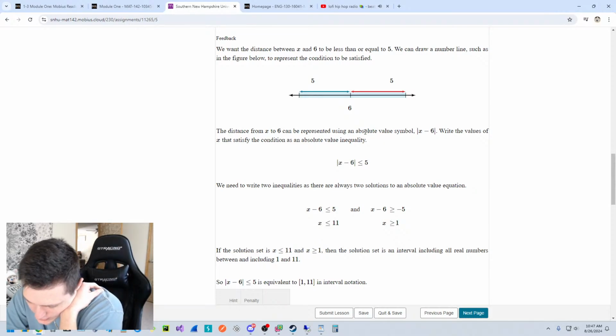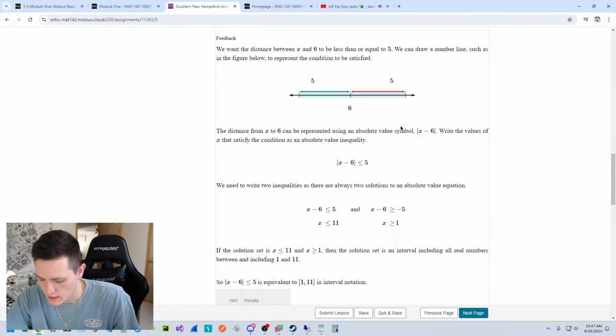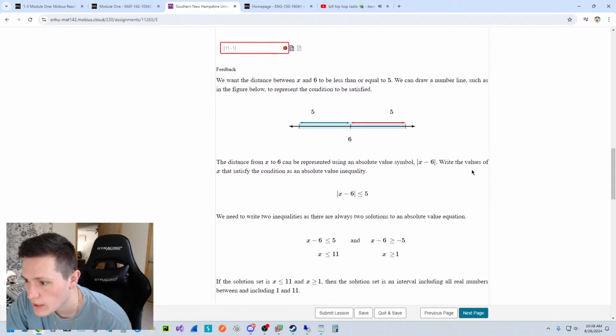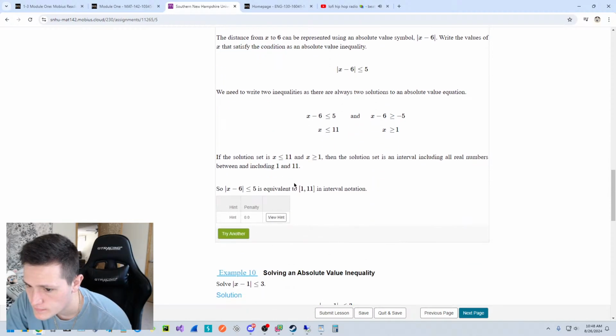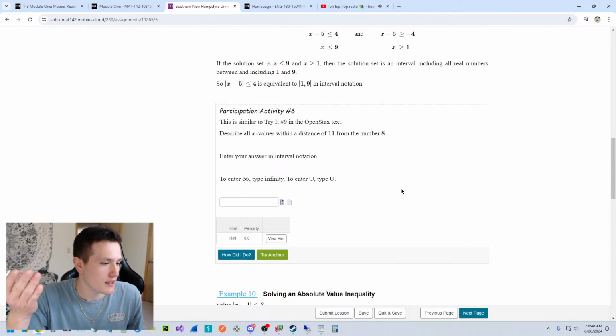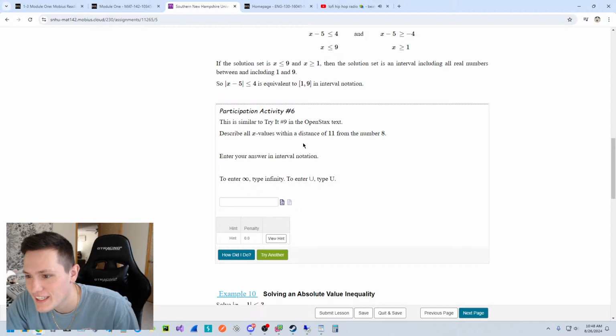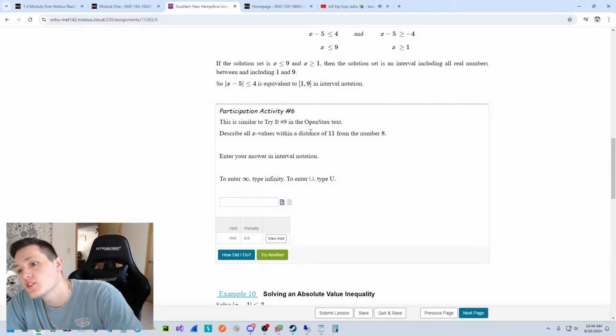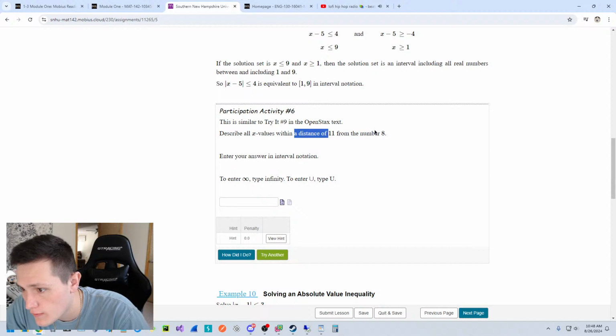So I basically did it backwards. I know what to do now. I need to make sure I'm reading the question right. Alright, I know what I did. If I would have flipped it, I would have had it right. So it's a distance of 11 from 8.